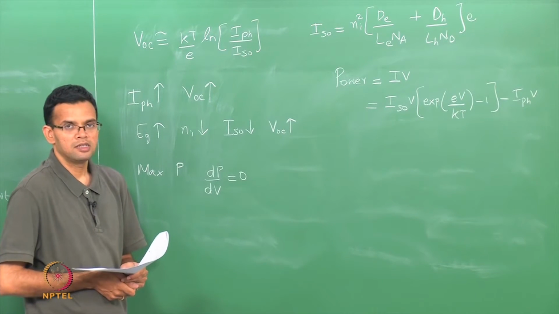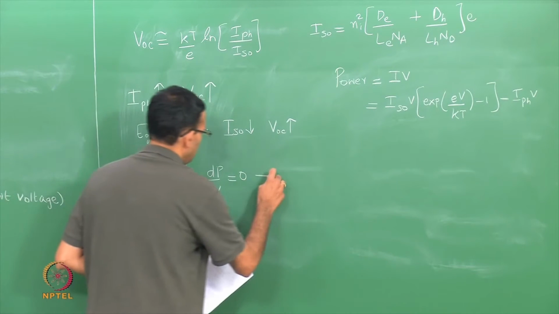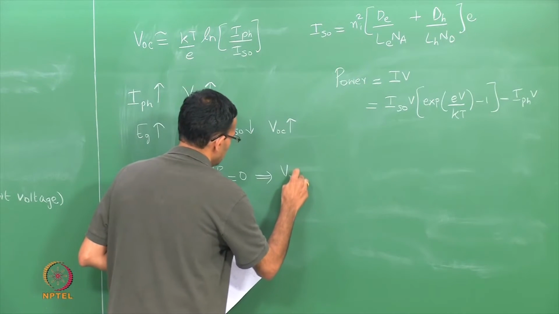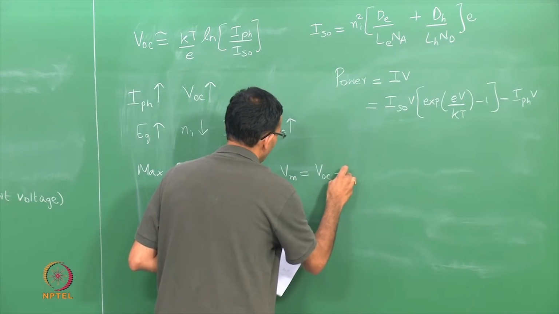So in that case, the corresponding voltage is Vm, and we can write a recursive relationship that relates Vm to VOC.